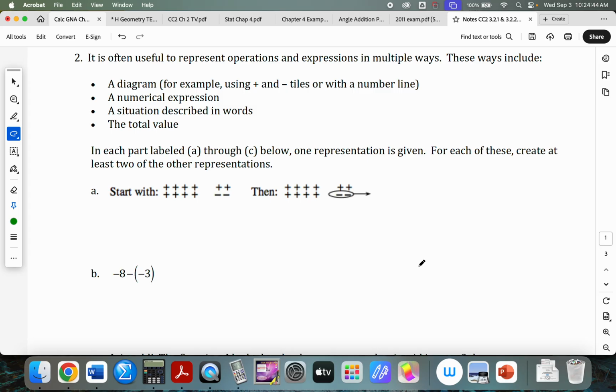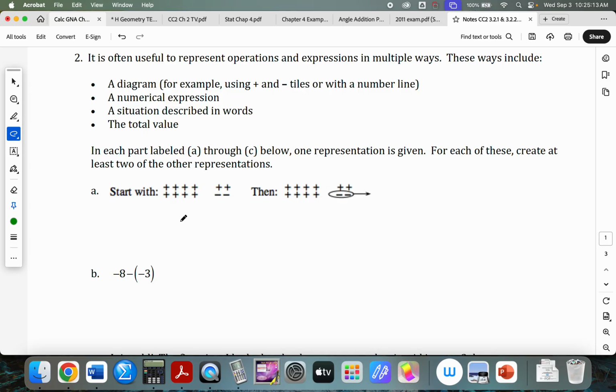So in each part labeled A through C below, one representation is given. For each of these, create at least 2 of the other representations. So they gave you a diagram. So we want at least 2 of these 3, a numerical expression, and then describe it in words, and then the total value.